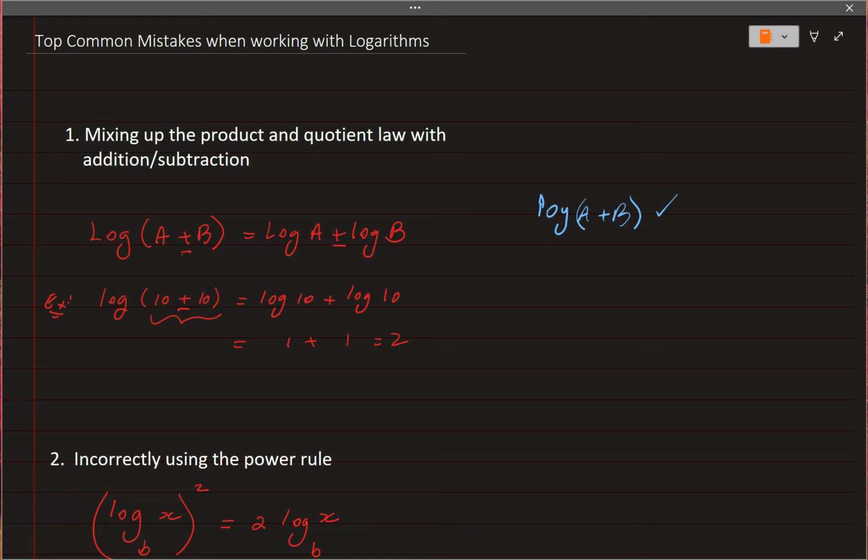You have to deal with the inside first. In this case, log of 10 plus 10, let's not deal with the minus, would be log of 20. And log of 20, you punch in a calculator and find the value, and it is definitely not 2, 100%. Okay, so that's number one.